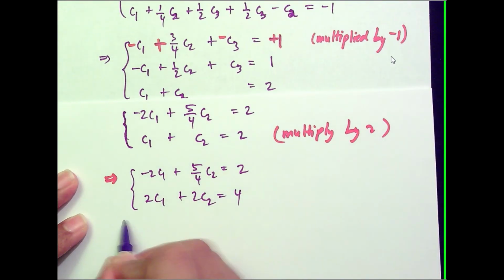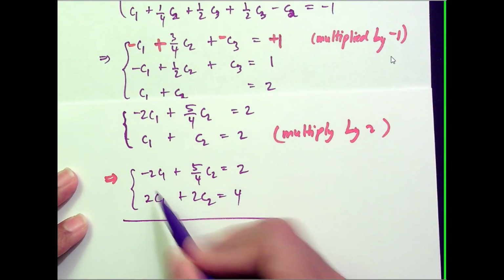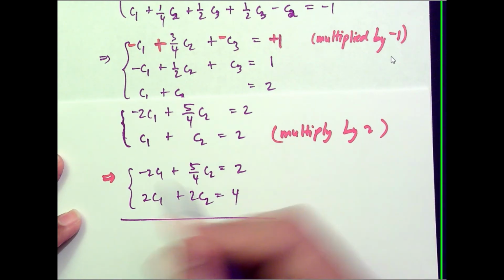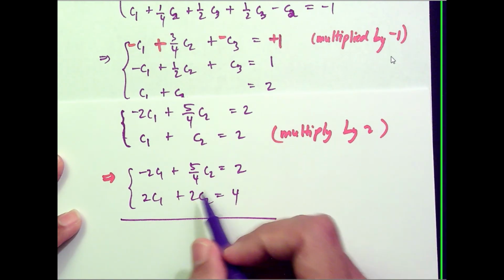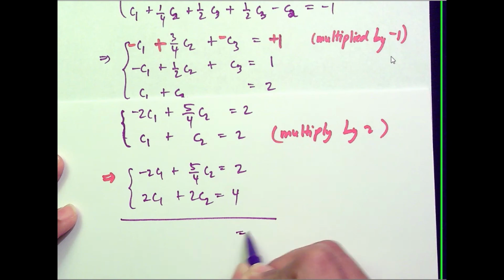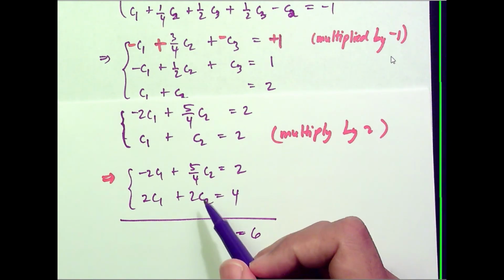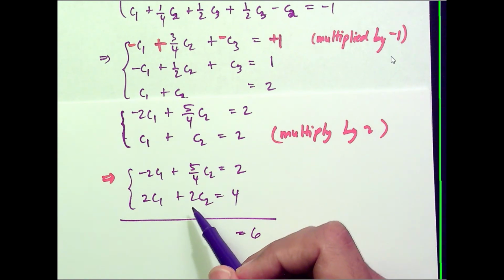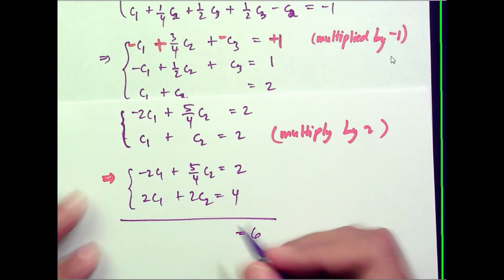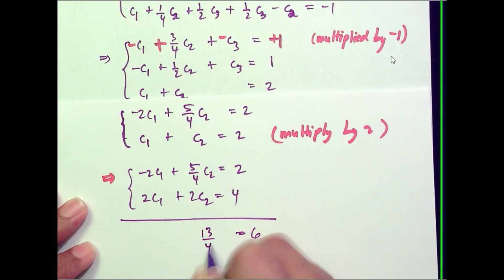And then adding down, you see that's the whole point, these two are the same, add up to 0. Adding down, on the right hand side is going to be 6, but then this is, let's see, 2 is 8 quarters, 8 and 5 is 13. So 13 quarters C2.